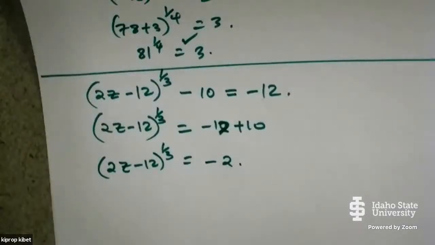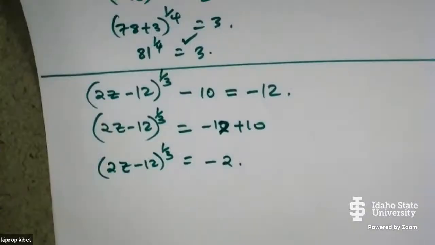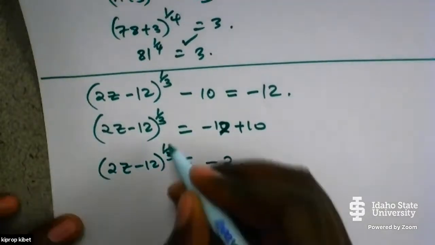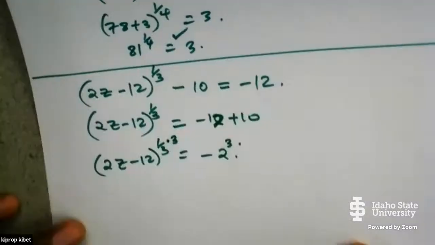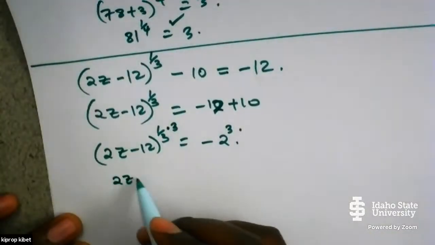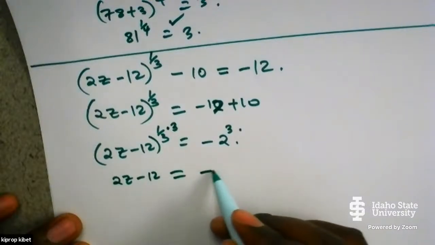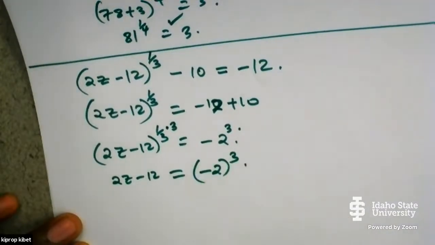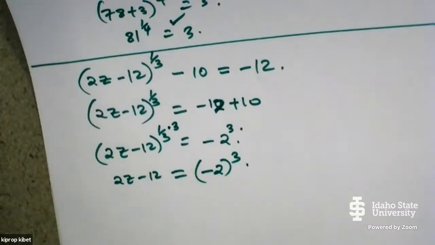So step number 2. You now raise both sides by this power. So this one, raise to 3. You get 2z minus 12 equals minus 2 raised to 3. Remember this is minus 2 raised to 3.